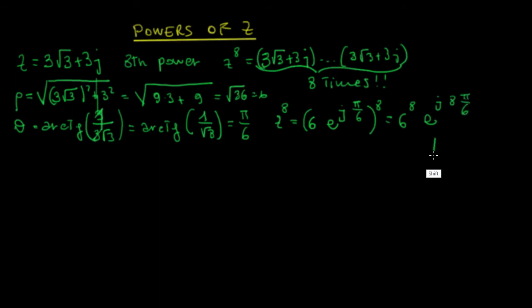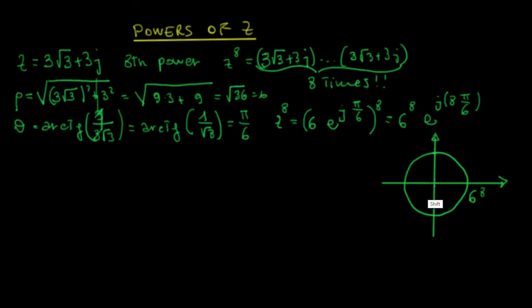Now, if we draw a diagram and try to understand where this new complex number z to the 8 is located, we know that this is located on a circumference with the radius 6 to the 8th, while the argument of this new complex number is 8 times pi over 6.